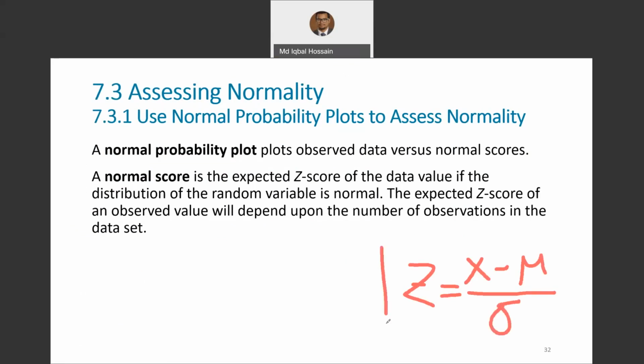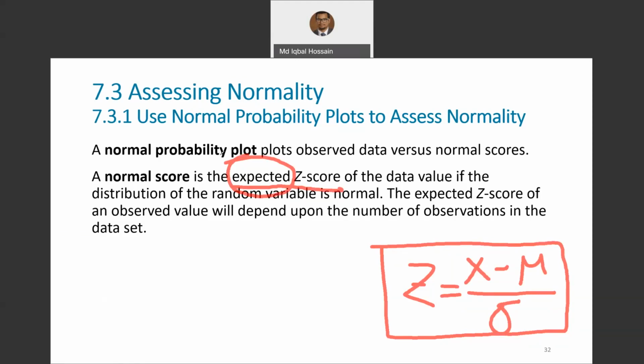That was our formula for z-score. Now notice that we are not finding the z-score, we are finding the expected z-score. We have a formula we are going to follow, and then we can find our expected z-score.